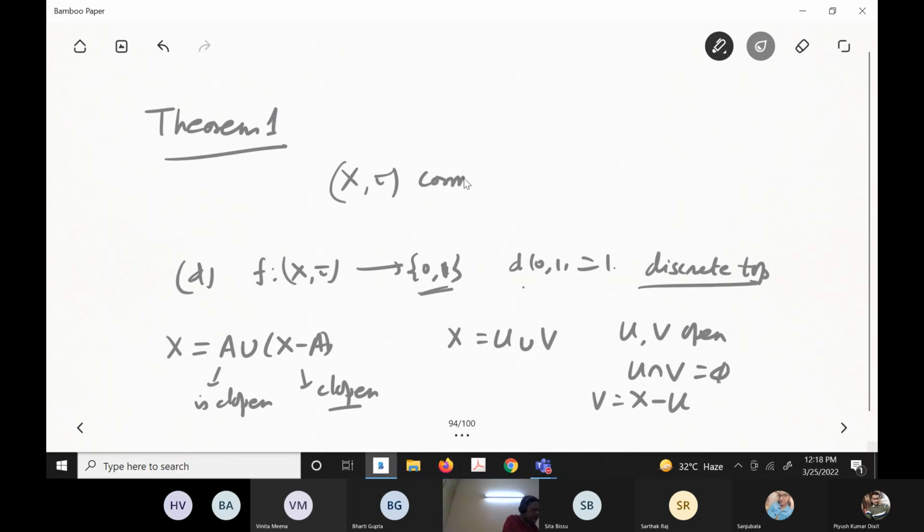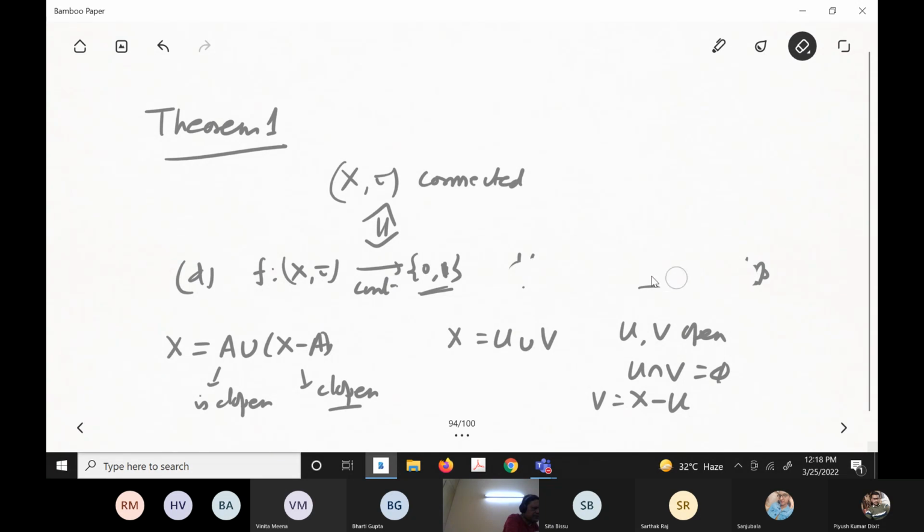You can prove it very straightforwardly. X is connected if and only if, whenever f is continuous into the discrete topology, it implies f is constant. That means the whole thing will go to 0 or the whole thing will go to 1.